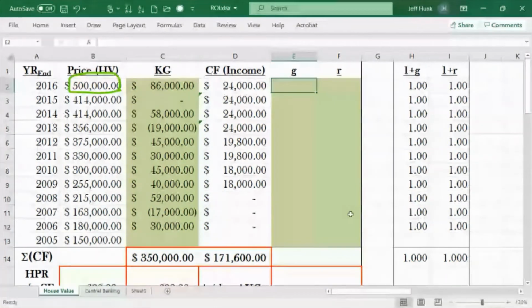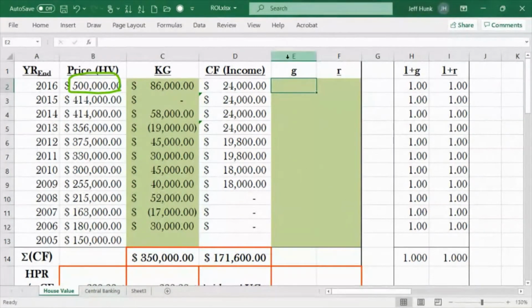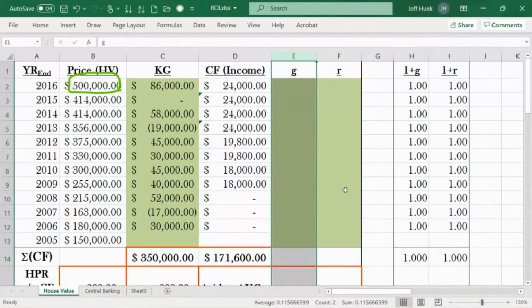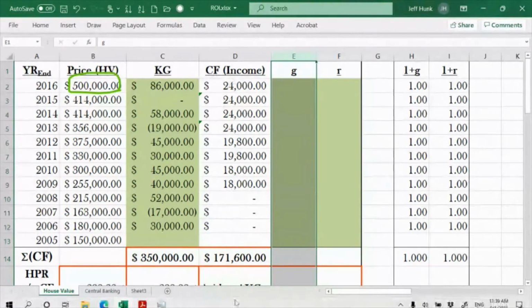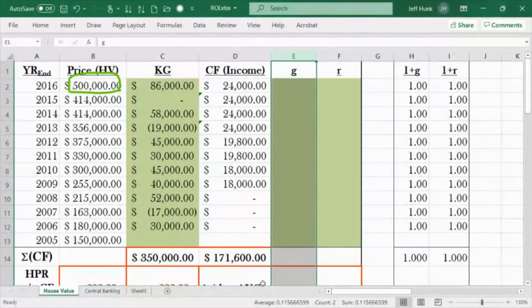First, this column E is basically annual returns without any rental income.